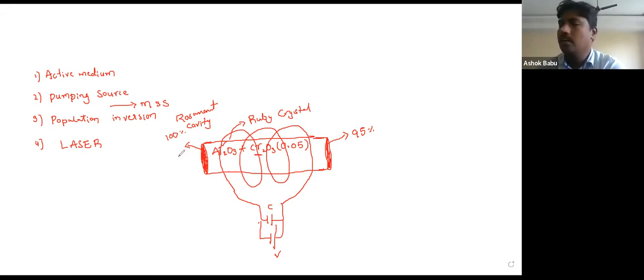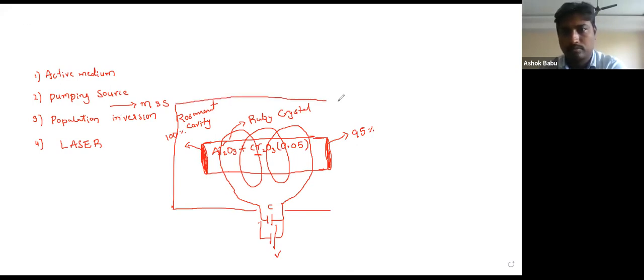While getting the laser, the operators are very heated, so the total operation we conduct in a cooling chamber. This is a cooling chamber. This is a rough diagram for the ruby laser. This is the inlet. This is the outlet.